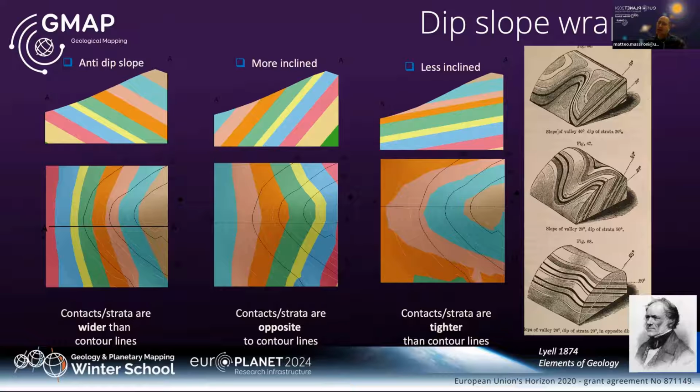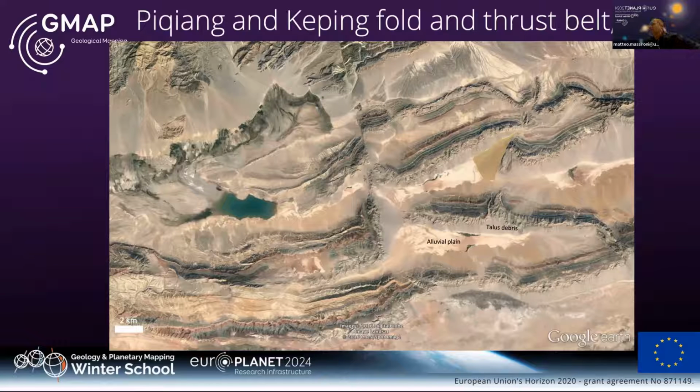So if we apply these kinds of principles to a planar view, like in this case, in which we are in the Picuris, capping fold and thrust belt. Here we see clearly some Quaternary features like talus deposit and alluvial plain, but here it's more important for me the bedrock.